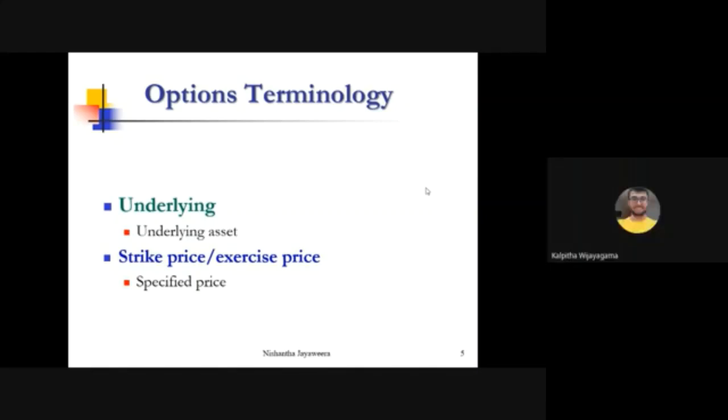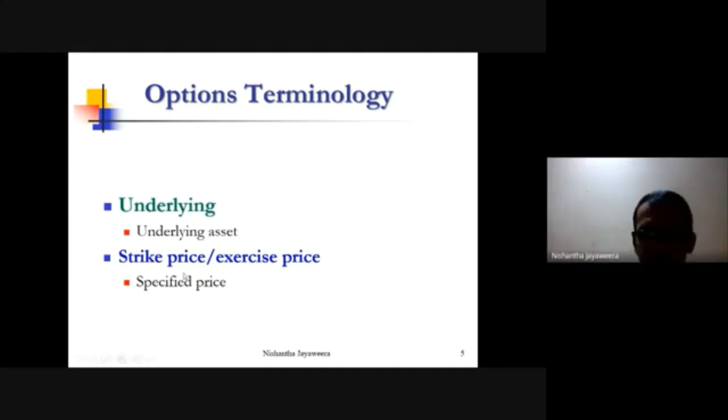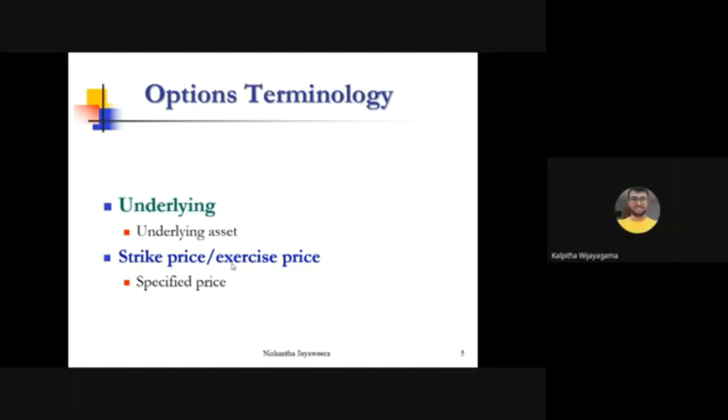On the last part, you said there is a price of the underlying asset as well as a price of the option. Yes. So the strike price and the exercise price, both are the same. That refers to the price of the underlying asset at which we are going to trade the underlying asset. The option price is a separate concept here, right?